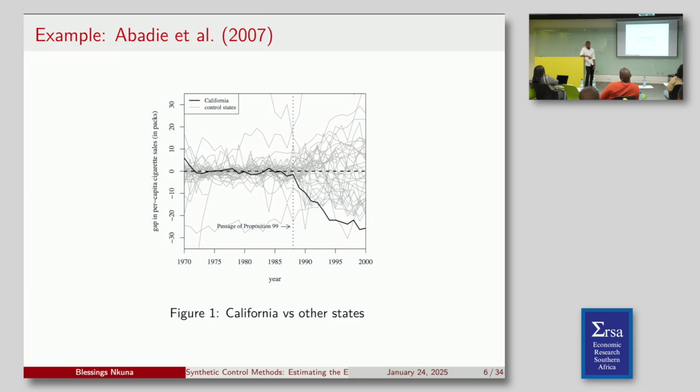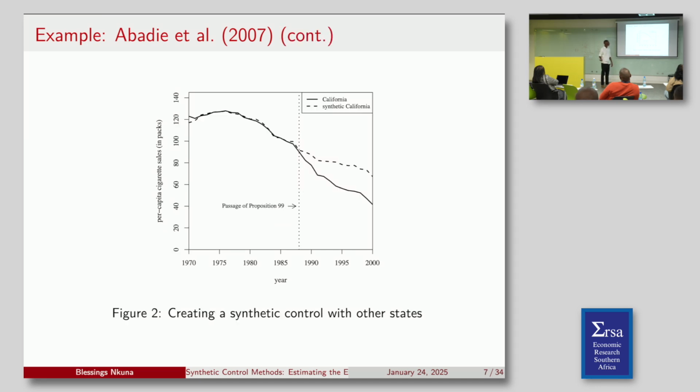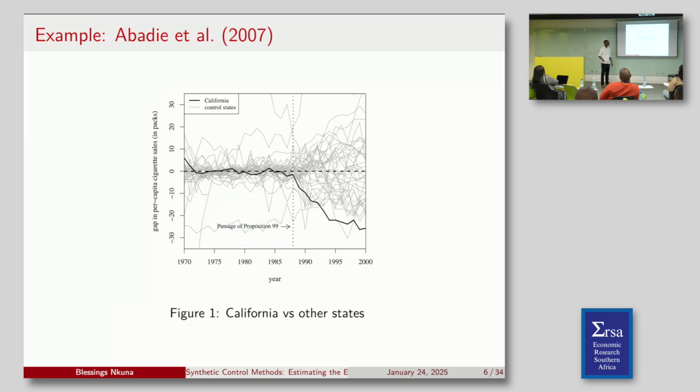Okay, that is a bad example because all of them are centered around 0, so something was done. It's not the actual data. But in this case, I would go back. The black line is the California story, right?